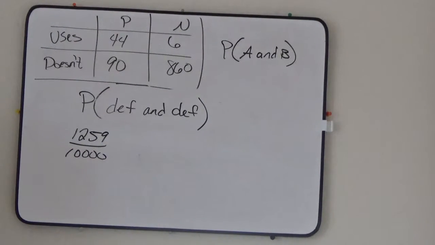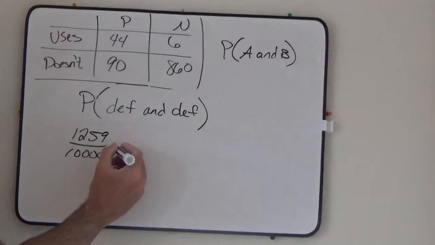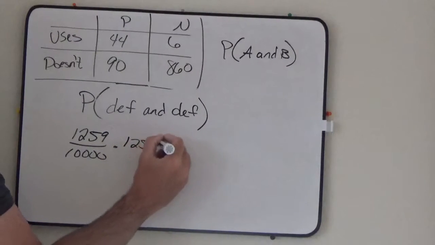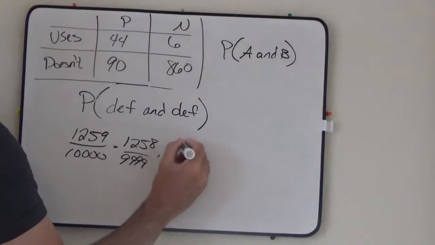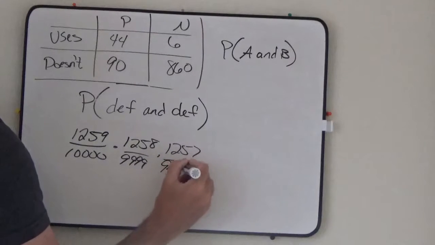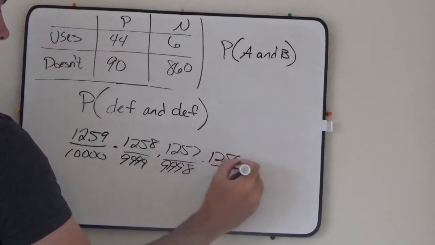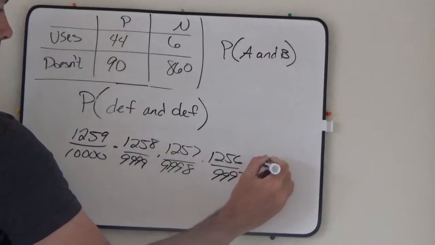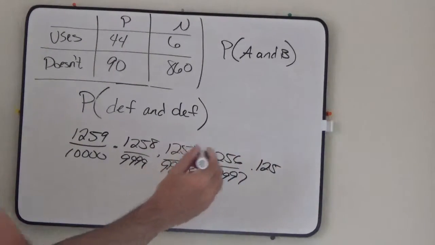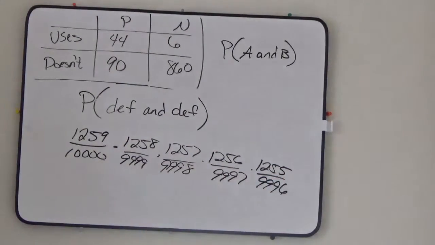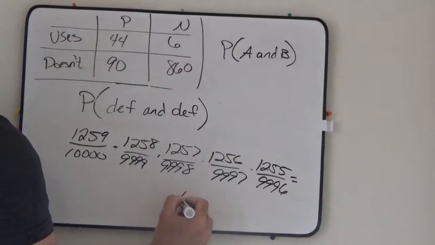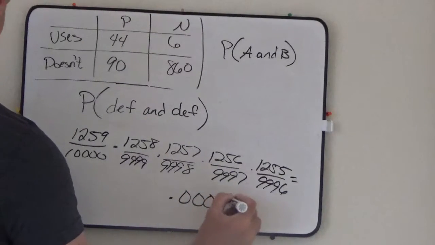Now, because these are without replacement, and we're doing 5 of these, we're now going to subtract 1 from each of these and continue down. 1258 over 9999, then 1257 over 9998, 1256 over 9997, 1255 over 9996. You could solve all that out, and when you do, what you get is 0.0000314.